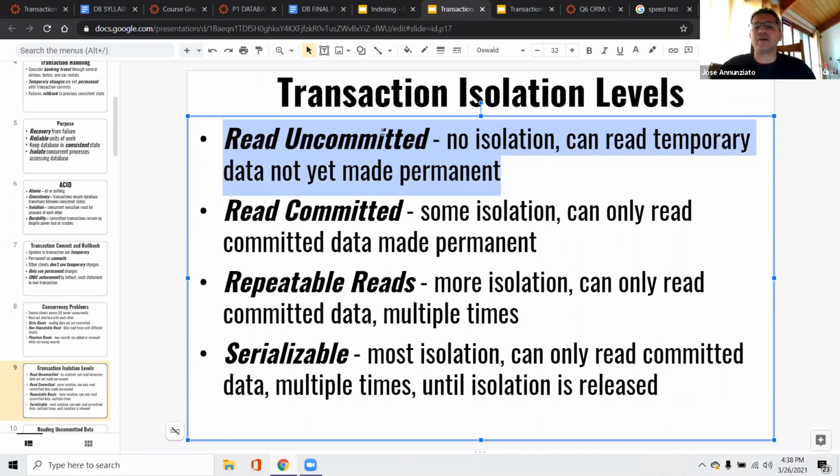So read uncommitted is the everything-goes level, and it actually might be okay. It actually might work for you.